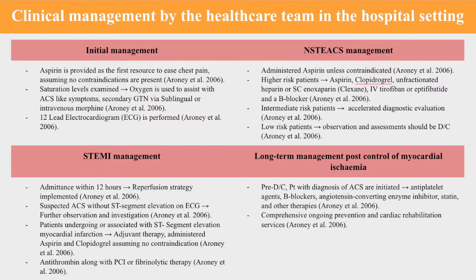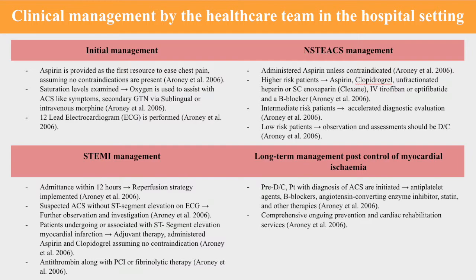STEMI management. Patients with STEMI who present within 12 hours of the onset of ischemic symptoms should have a reperfusion strategy implemented promptly. Patients with a suspected ACS without ST segment elevation on ECG should undergo further observation and investigation to rule out other diagnoses, enable risk stratification, and determine the most appropriate treatment strategy.